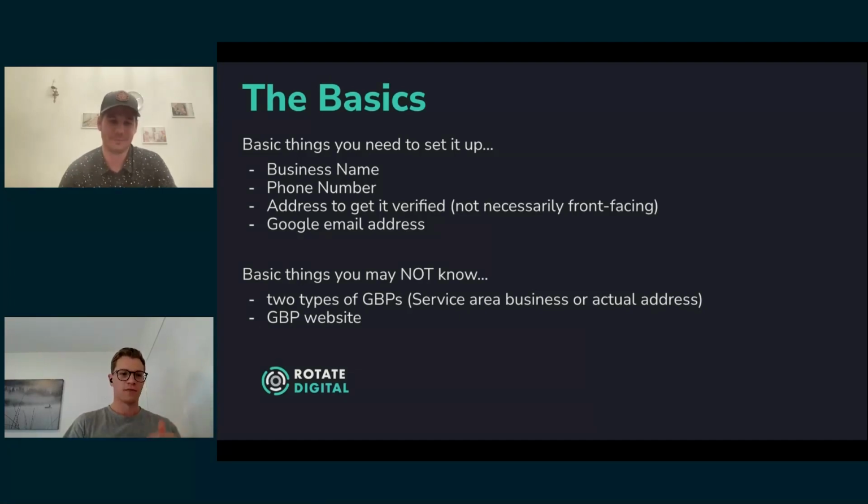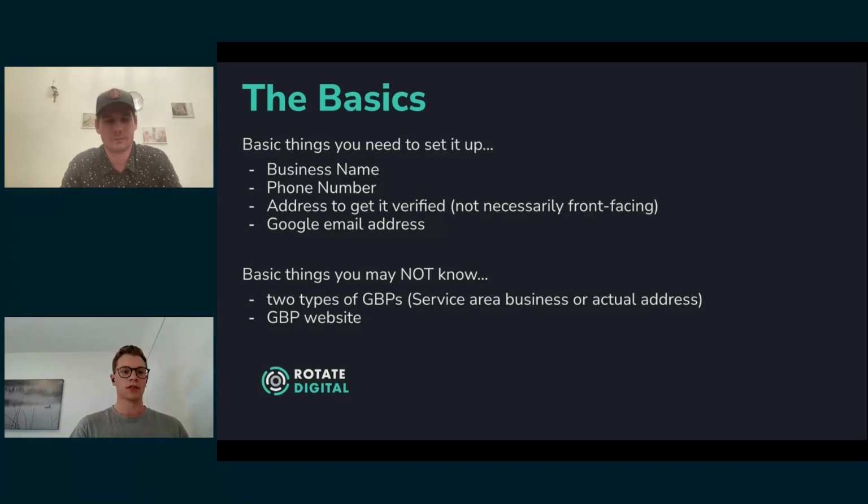And they've been testing this as well, where they'll call the business to make sure that it's legitimate, that it's present. So if you have a business with an address, it needs to be forward facing. There's got to be permanent signage, all that stuff. And that's really what we're going to get into later.